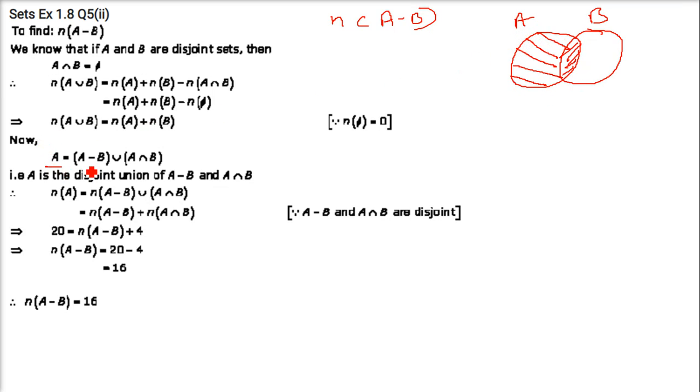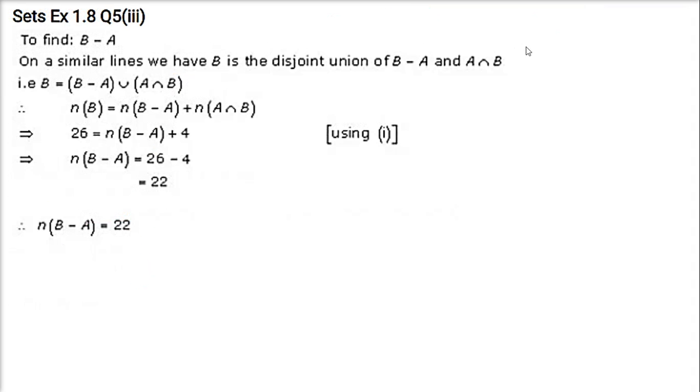If you combine these, it will be A. So A can be written as (A minus B) union (A intersection B). These two have nothing in common, so they are disjoint. So n(A) will be equal to n(A minus B) plus n(A intersection B), because A minus B and A intersection B are disjoint. Here we have to find n(A minus B). n(A) we know, this is 20. n(A intersection B) also is given as 4. So n(A minus B) will be equal to 16.